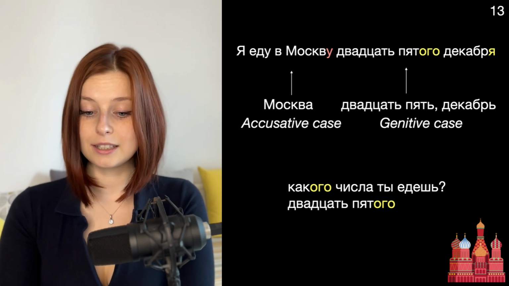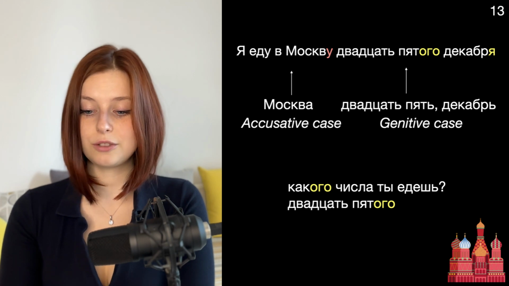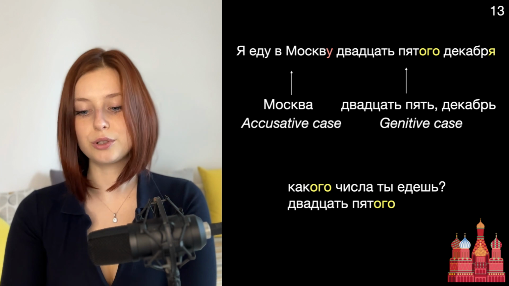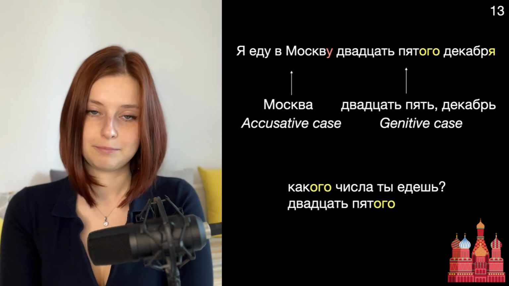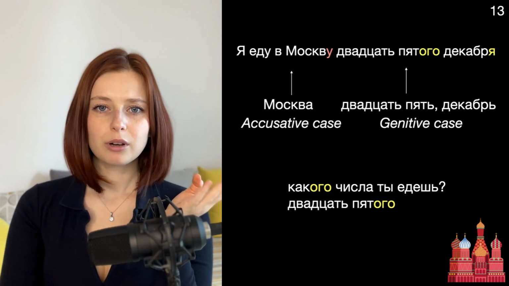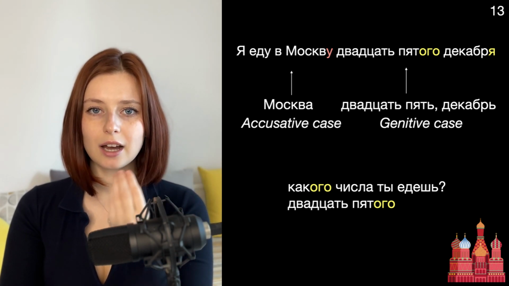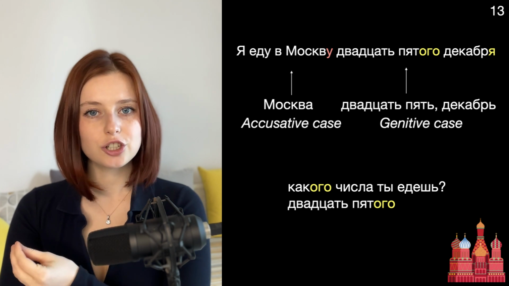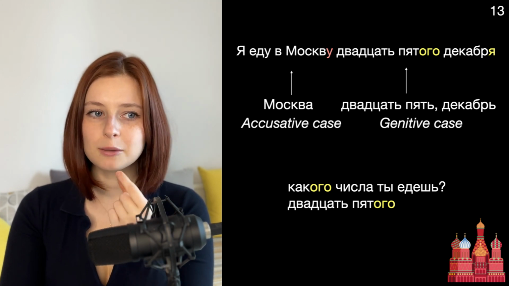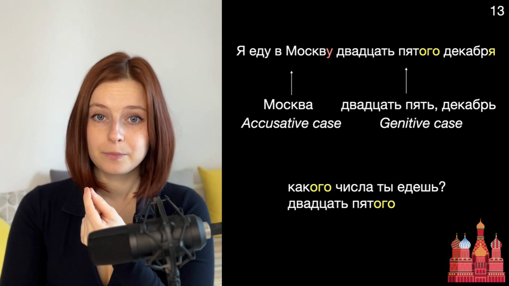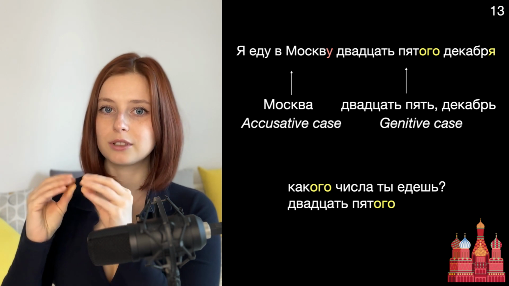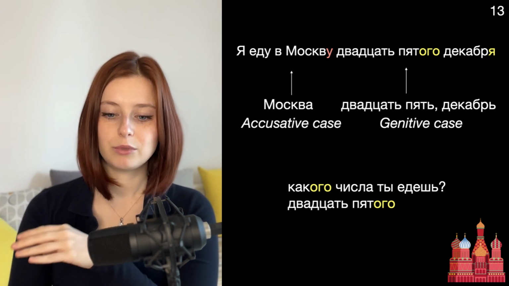In this case, 25 is the genitive form of the ordinal number 25 when used to indicate a date. The question would be, what day do you go? Какого числа ты едешь? Какого? 25. You can always find that question, and the answer will match its endings.